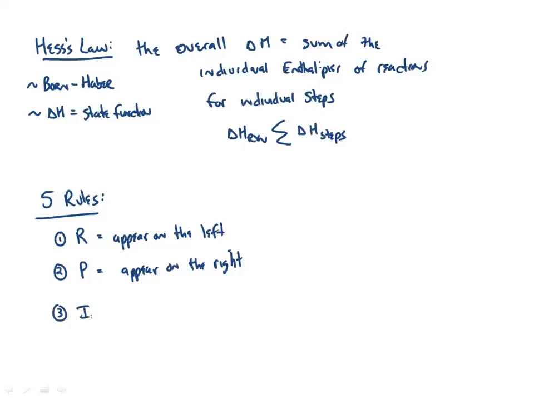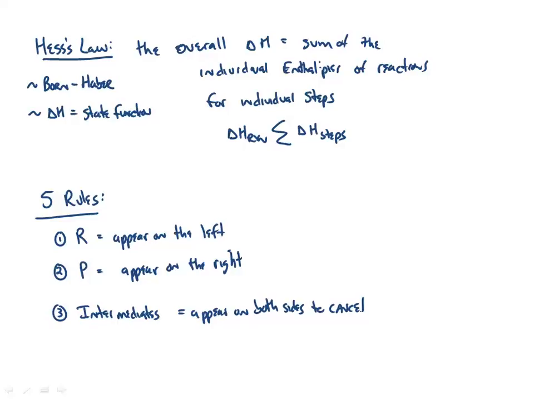We have intermediates, which have to appear on both sides to cancel. It's kind of like terms in a math equation. If you have something on the left-hand side of a reaction and you have the same thing on the right-hand side of the reaction, then you can cross it out.